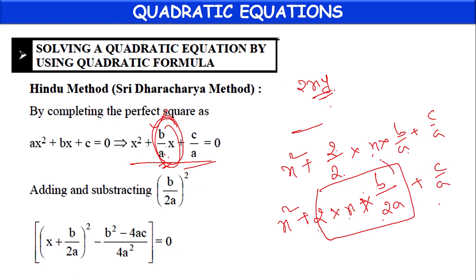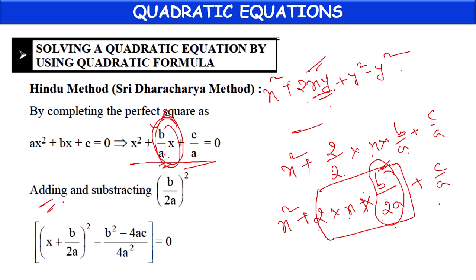Now, in the place of y, we have b by 2a here. Whenever we have x square plus 2xy, to make it a perfect square, we have to add y square and remove y square. But here in the place of y, we have b by 2a. So what we have to do?